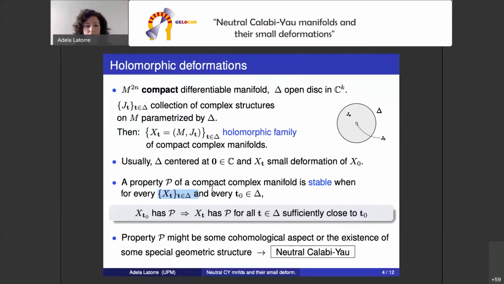Okay, so when this holds, we say that the property is stable. But this should hold for any holomorphic deformation we can think about.